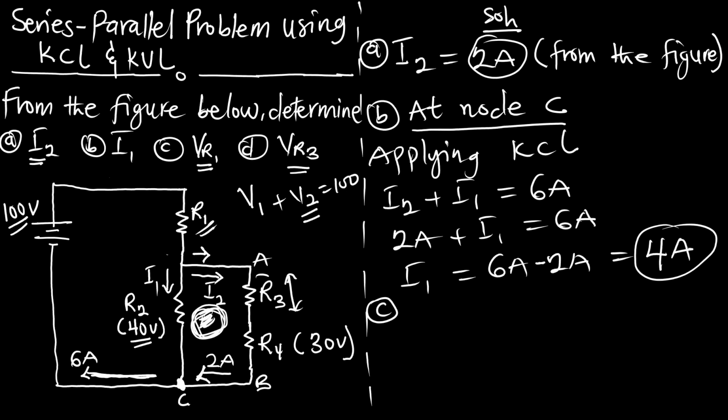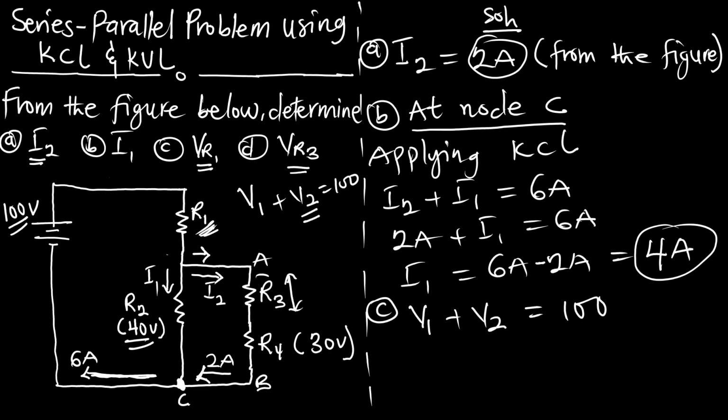So now we can say that this expression is true. Our V1, voltage across resistor 1, plus our V2 should be equal to 100 because it is in series with our V2. Is that clear? And what do we see for V2? We saw that V2 has 40 volts.